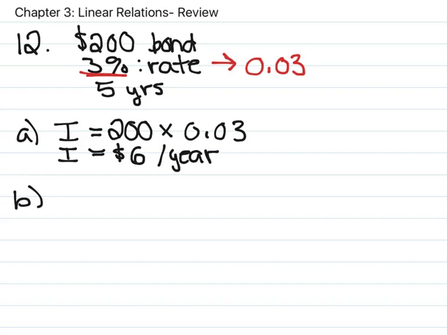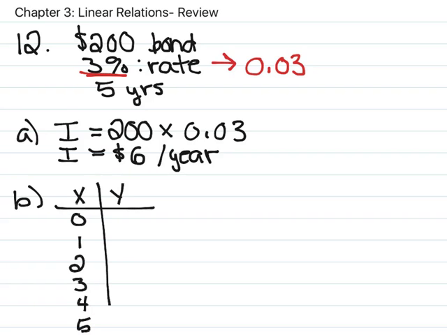Question B. Create a table of values for the value of the bond at the end of each of the 5 years. So, we're going to need a table. We're going to start at 0, 1, 2, 3, 4, and 5. At 0 years, you've just put your money in, so you're going to be at $200.